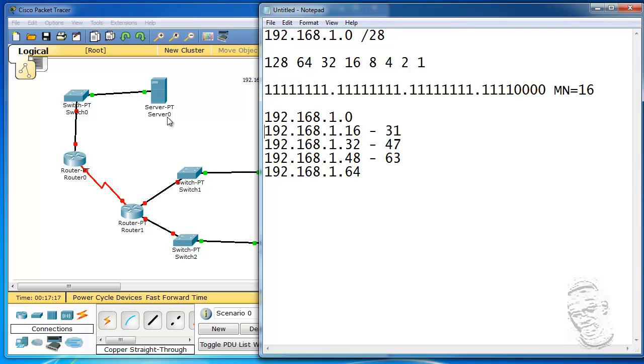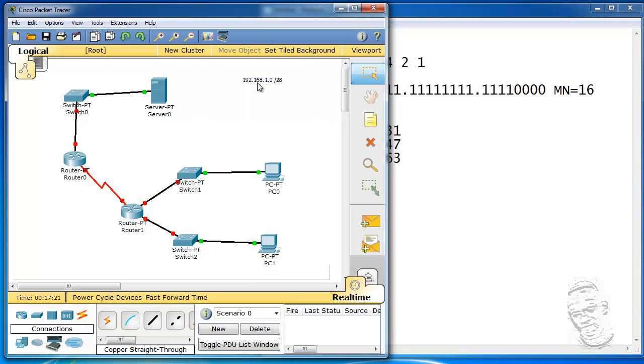So server 0 to this router here would be the 16 network. So we're going to use this here. I'm going to type this, it will be the 16 network, 192.168.1.16.